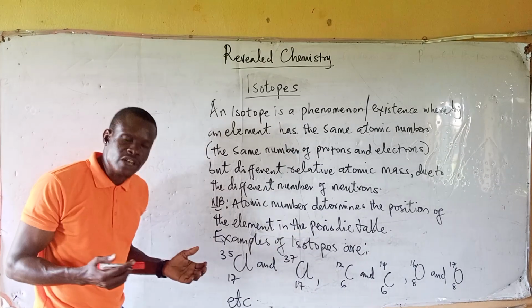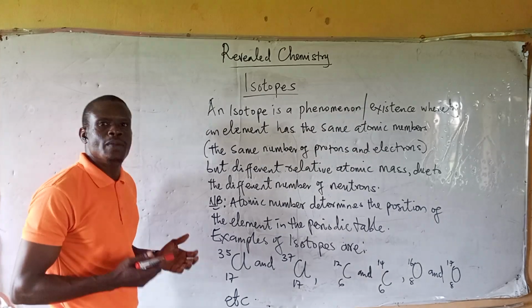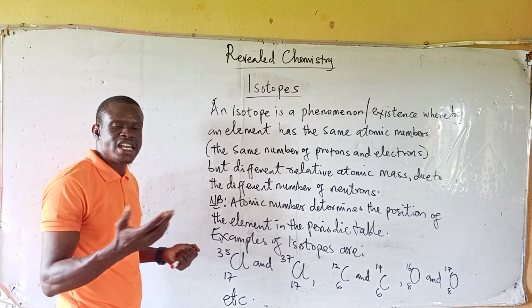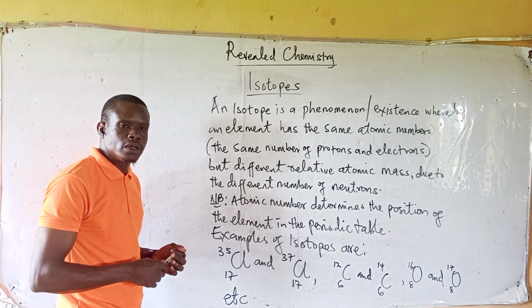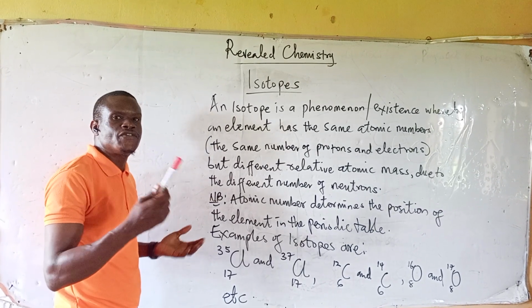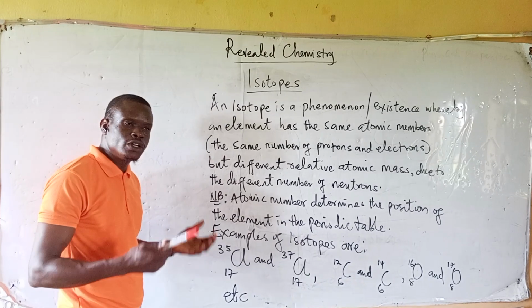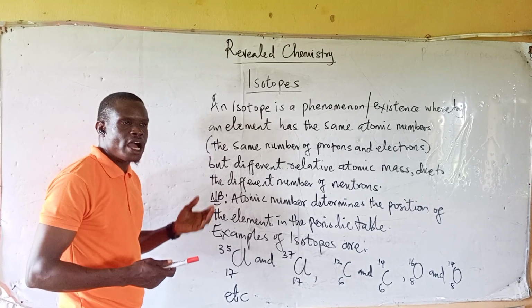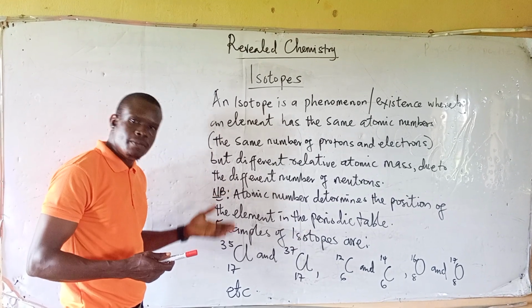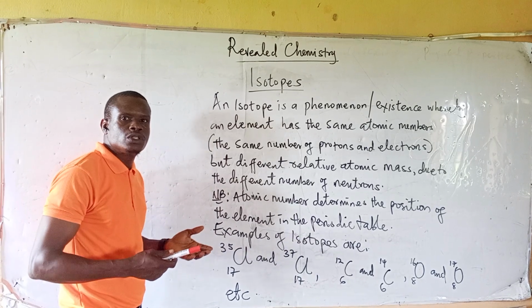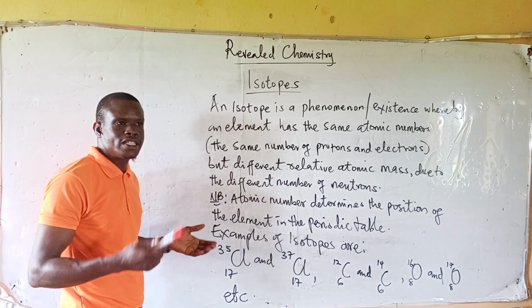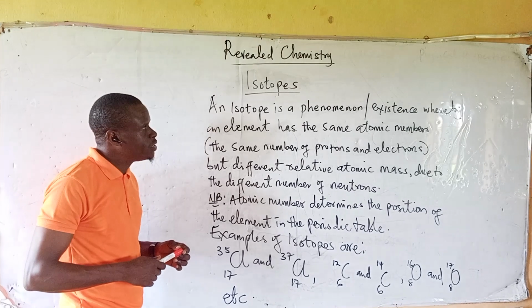I also reminded you that elements in the periodic table are determined by their atomic numbers. In the periodic table, we have the first 20 elements, from 1 to 20: hydrogen, helium, lithium, beryllium, boron, to potassium and calcium, making calcium the 20th element in the periodic table.